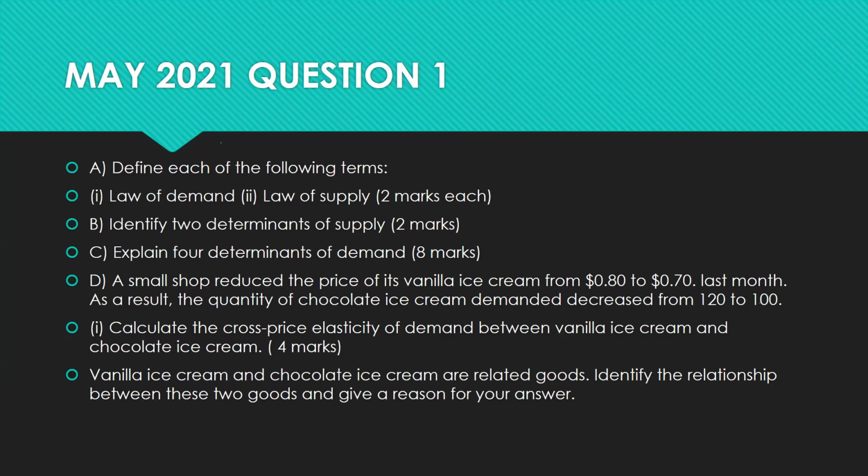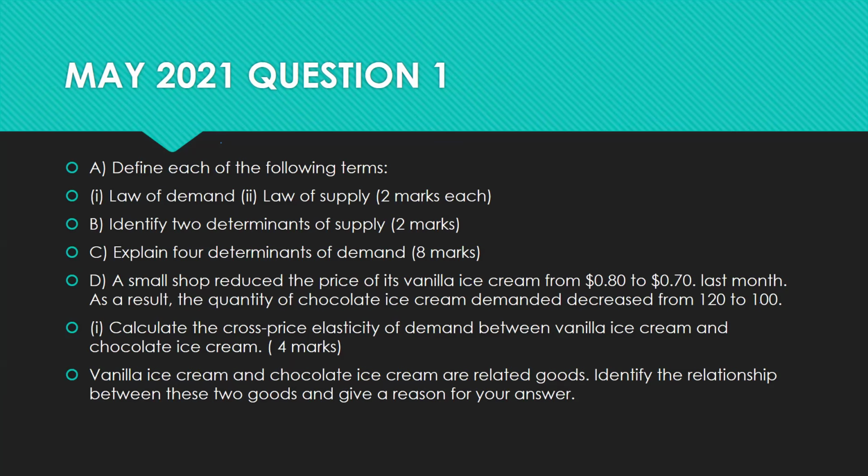You buy peanut butter, you might buy jam. Substitute goods are goods that you might buy in place of the other. Instead of peanut butter, you decide to buy almond butter. Instead of KFC, you decide to buy Royal Castle, another fried chicken place. They want to know the relationship between vanilla and chocolate. This is how you could tell.